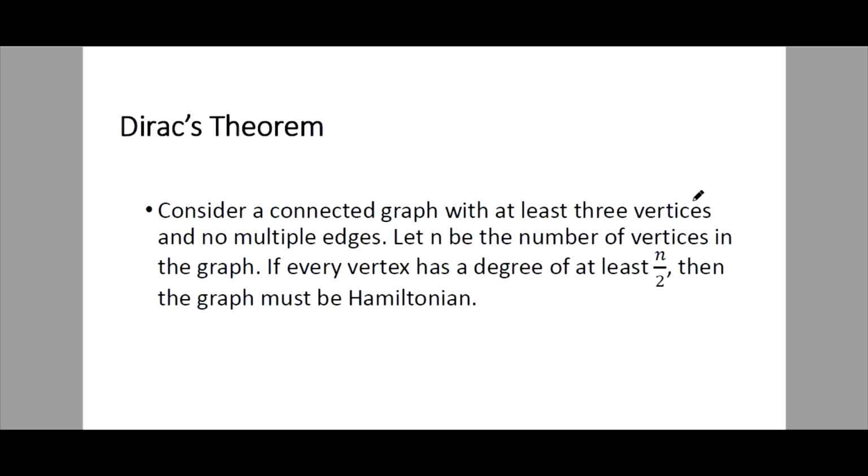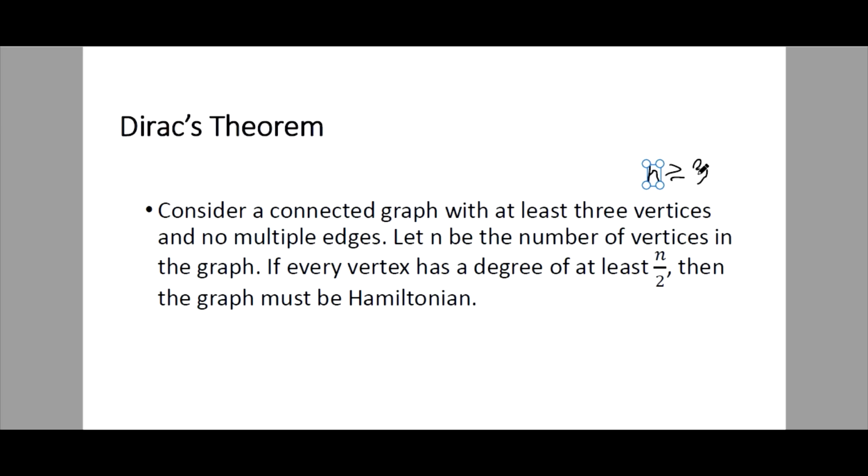Now let's have Dirac's theorem. Consider a connected graph with at least 3 vertices, so n is greater than or equal to 3, where n is the number of vertices, and no multiple edges. If every vertex has a degree of at least n over 2, then the graph must be Hamiltonian.